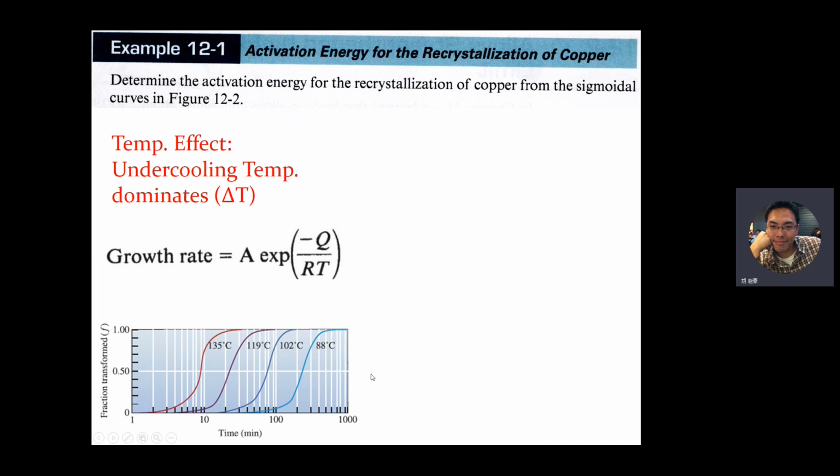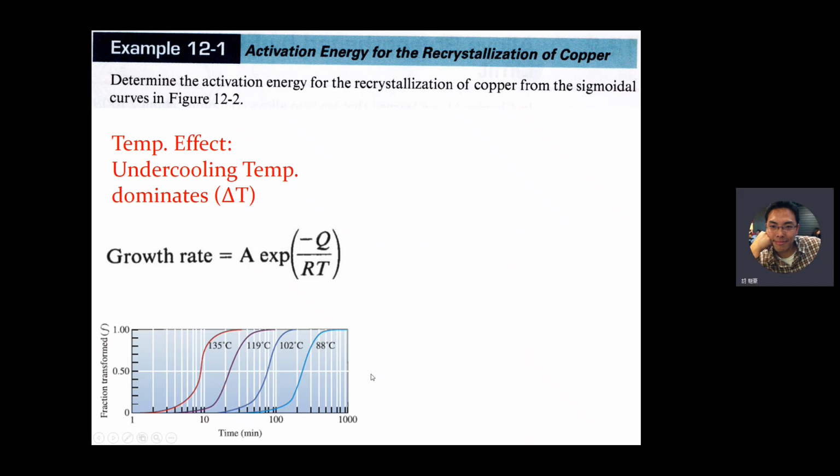And let's look at the example from our textbook that determines the activation energy for the recrystallization of copper from the sigmoid curves in the figure below, that I already showed you in the previous slides. If we fit this curve, we can find out it's kind of an exponential function. Do you remember the Arrhenius equation?